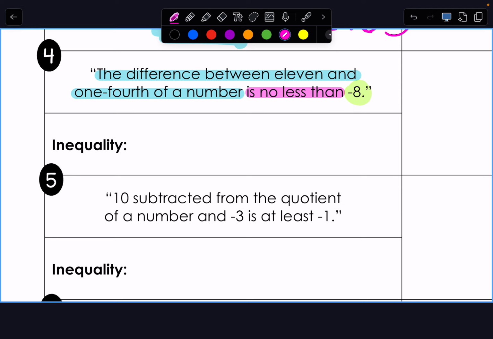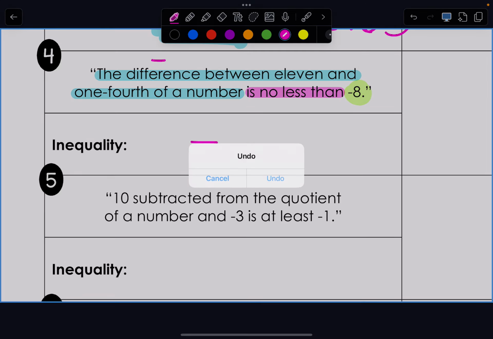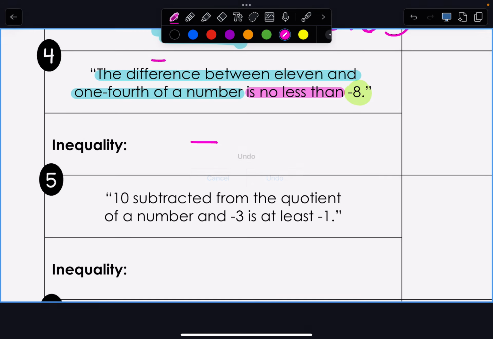Okay, difference. What does that mean? Add, subtract, multiply, or divide. Difference means subtract. What are we subtracting? Well, the first number is 11 minus 1/4 of a number.